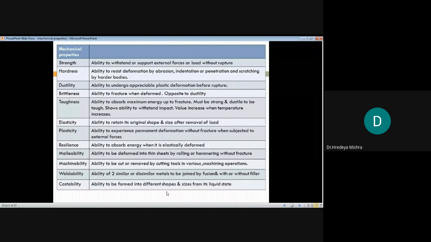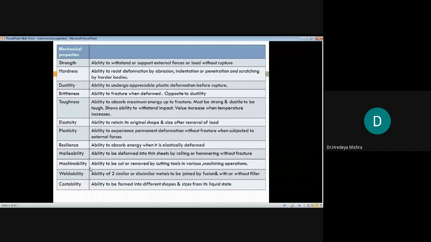Okay. Next is machinability. What is the machinability? It is the property of a material by which we can easily machine it. We can make a hole on it, make threads on it, do turning on it. Whichever material we can easily perform machining operations on has more machinability.